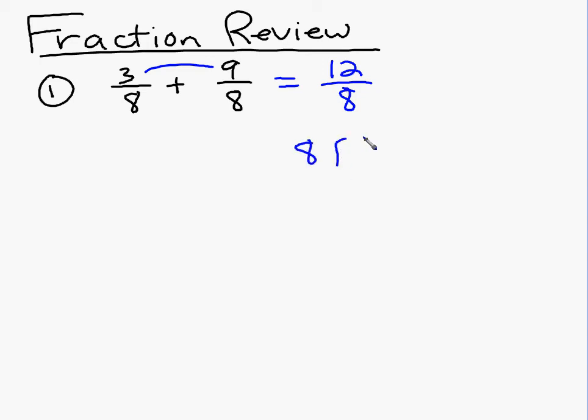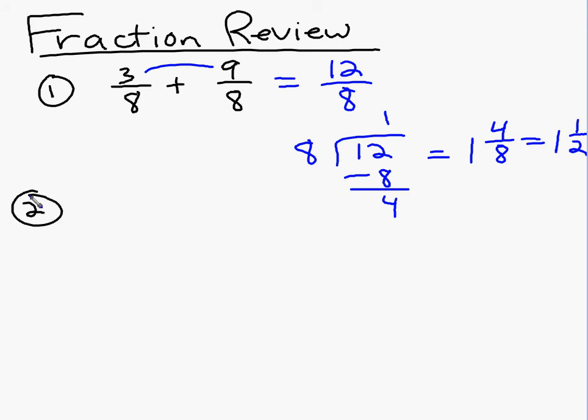Well, I divide the 8 into the 12. It goes once, and there's 4 left over. So this is 1 and 4/8 if I wanted to write it as a mixed number, which would be 1½ after I reduce it. We always try to reduce our fractions. Okay, that one wasn't real painful.